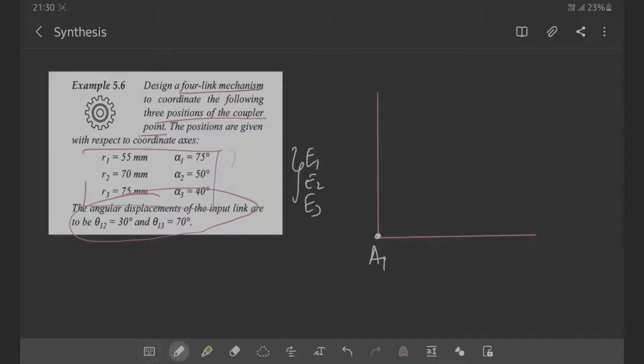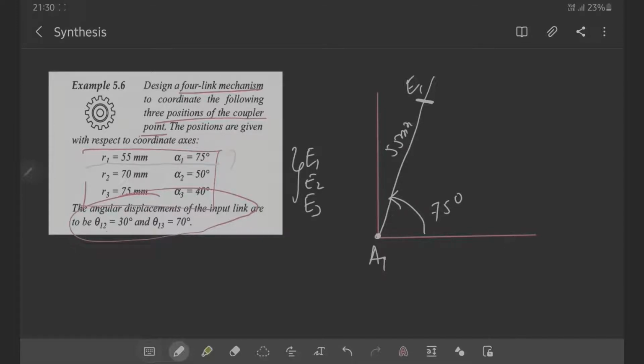E1 has a radial distance of 55 mm from the reference point and an angular position of 75 degrees with respect to the horizontal. So first mark a line that is at 75 degrees, at a radial distance of 55 mm. So this will be E1.